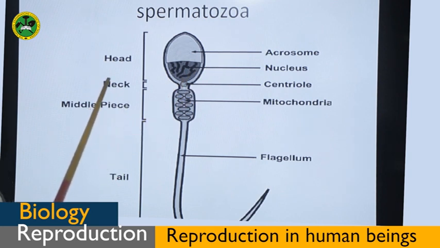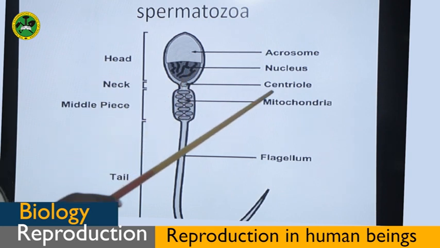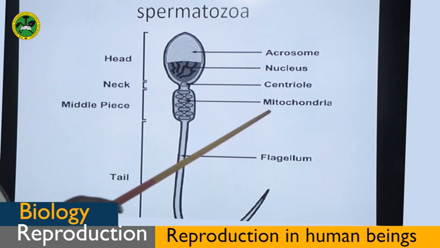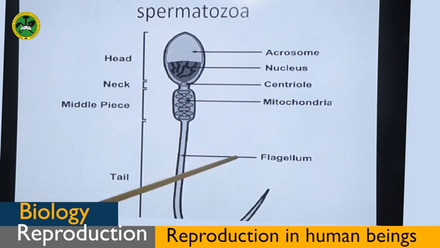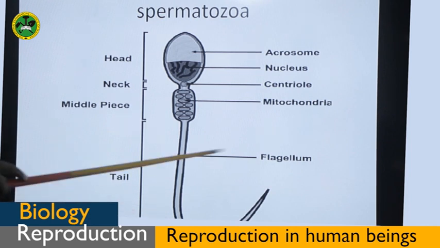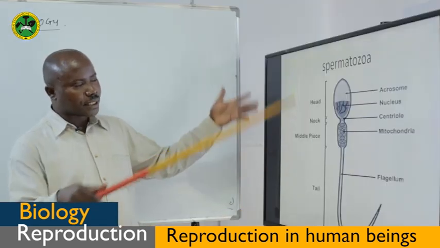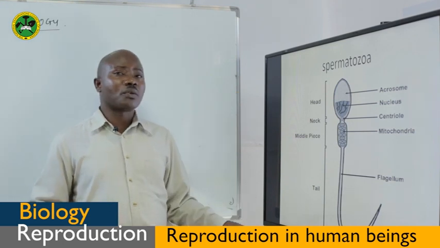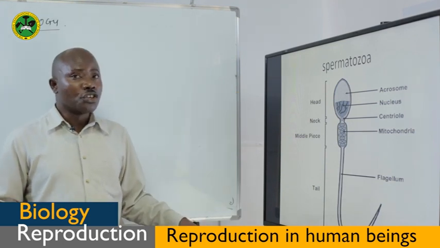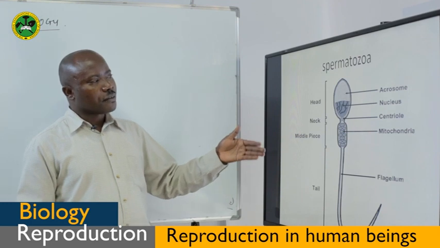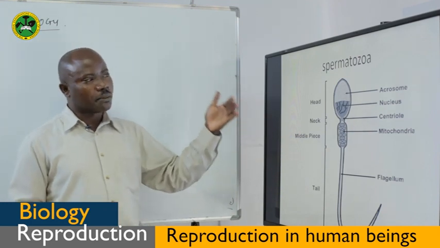You have the neck where you have the centriole and the mitochondria. You have the flagellum forming the tail, which will enable this spermatozoon to swim toward the female reproductive cell. These are important features that the spermatozoon acquires during the transformation from the spermatid.